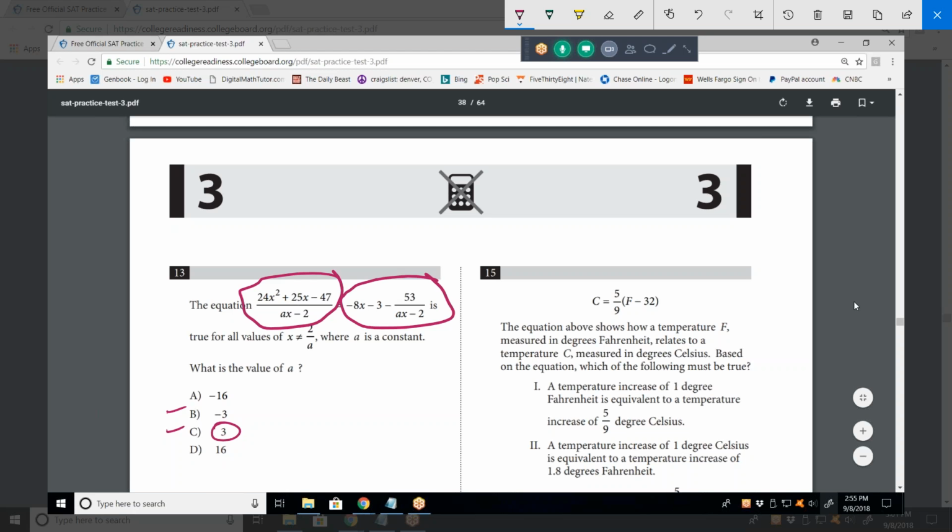That's not hard to figure out. If I use 3 for A, I'll be able to determine that in a couple steps, and I'll discover that no, it doesn't work there. So let's try -3. And when I try -3, it'll work. This equation will be identical to this equation if you use -3 for A.